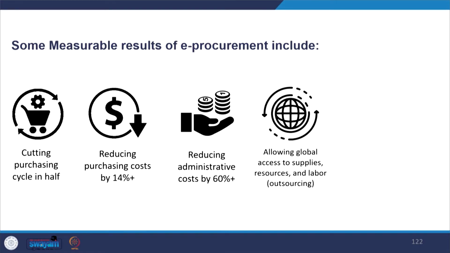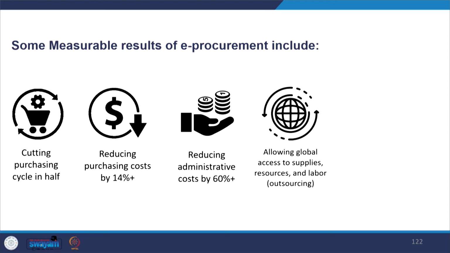Some measurable results of e-procurement include cutting the purchasing cycle in half. Now, all this helps you save by reducing the wastage of time and cutting down the purchasing cycle, right. It helps in purchasing cost reduction also. So, up to 14% cost reduction has been seen, right.